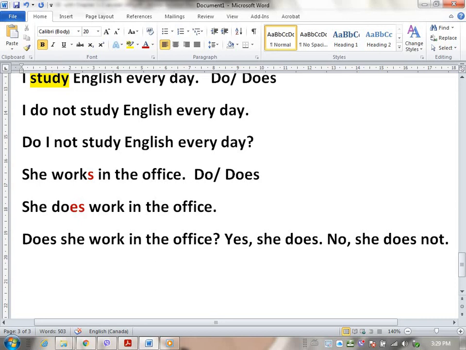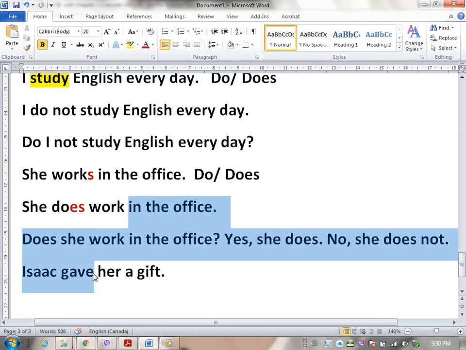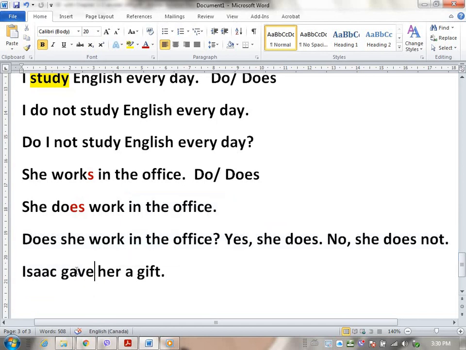If we have it in the past, we're going to take that next time. For example, you could say, Isaac gave her a gift. Same thing if I want to make a question or make it negative. The first step, we said, is to look at the verb. This verb is in the past, she gave.